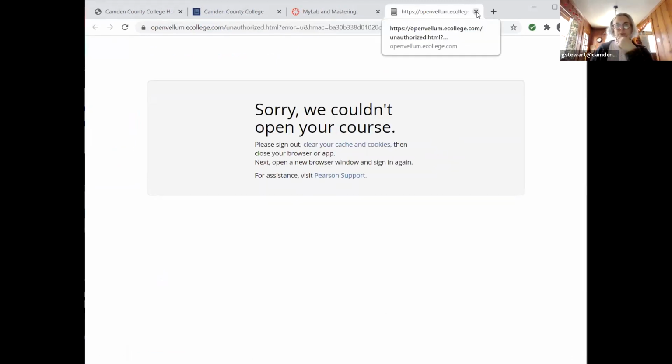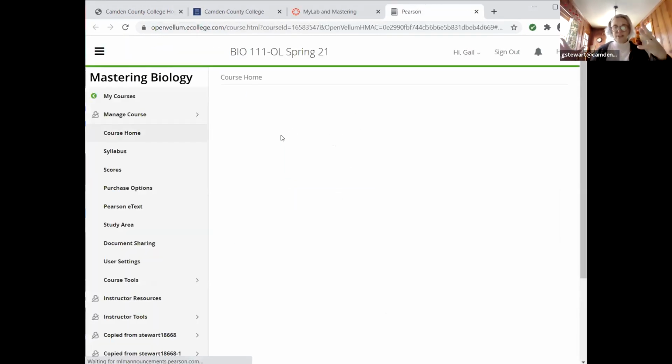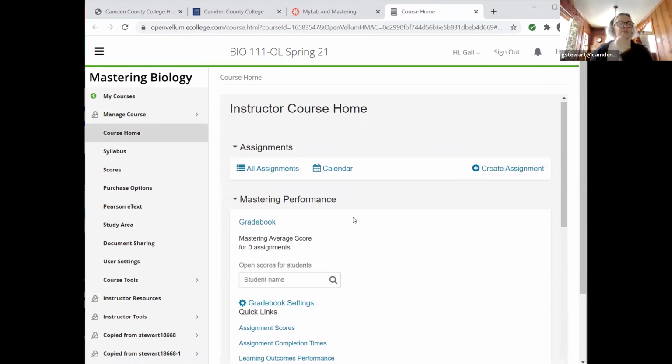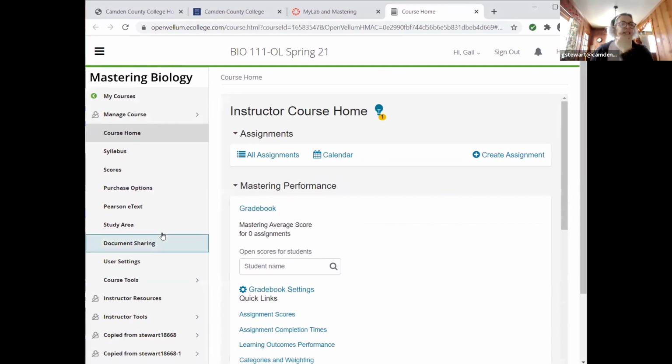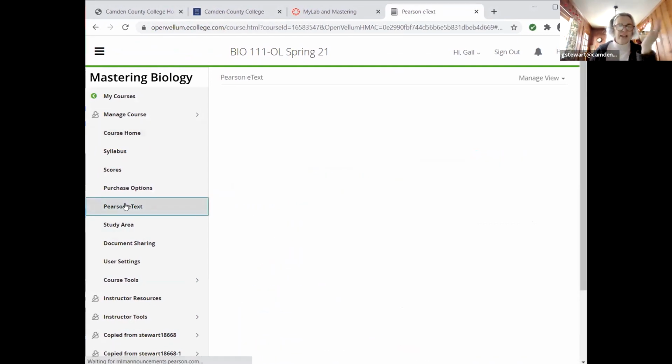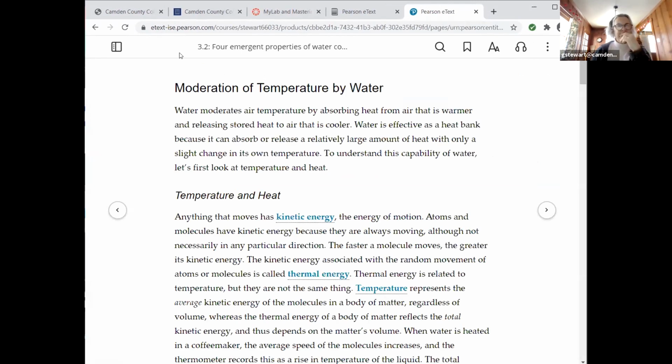Sometimes this doesn't work so well early in the morning because everyone in the whole country is trying to open their Biology 1 courses and use Mastering at this moment, right? So trying to think which is the easiest. Sometimes if I click on this, it says you don't have an e-text. Oh, today I do, okay. And it's tough. I don't think Pearson lets us have a student view. Connect does. So sometimes I can't see what you see.